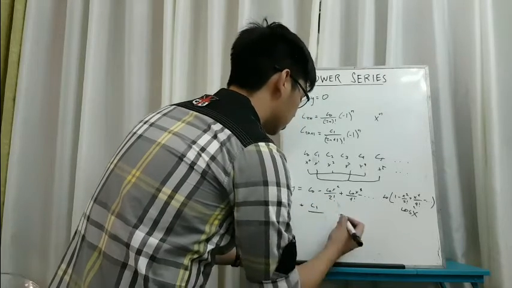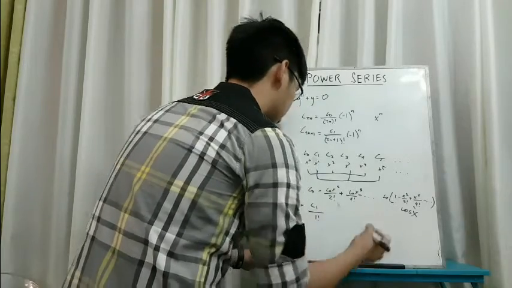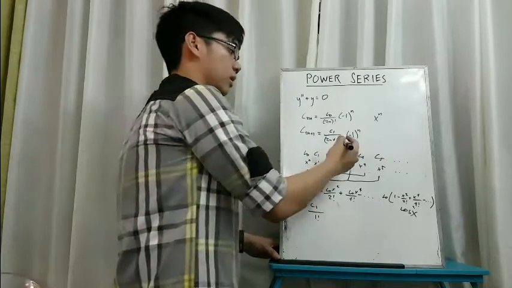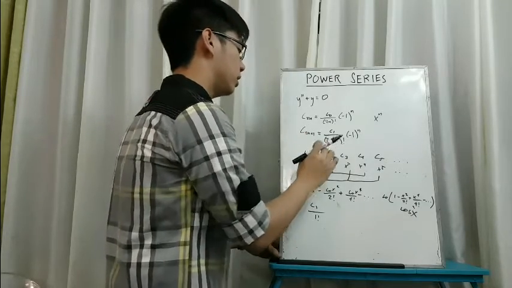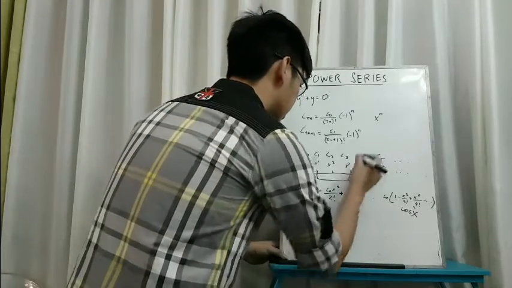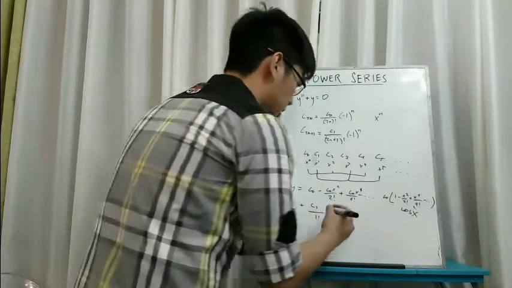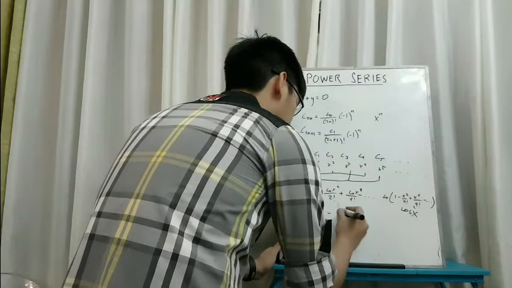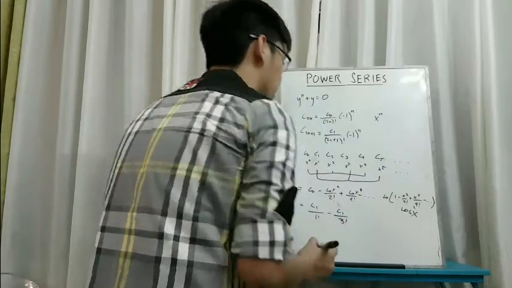C1 over 1 factorial. Okay, the next one, plugging in 1, it would be C3 is equal to C1 over 3 factorial times negative 1 raised to 1. So that would be negative C1 over 3 factorial.